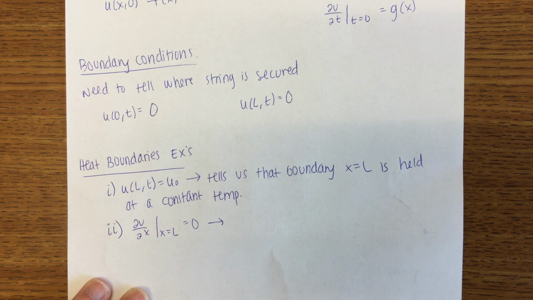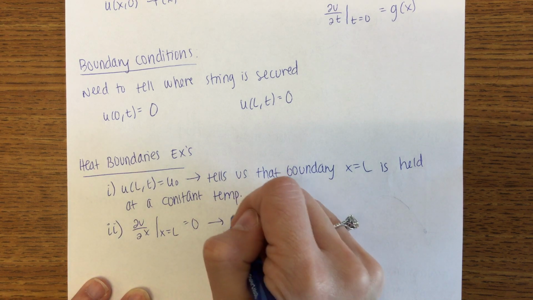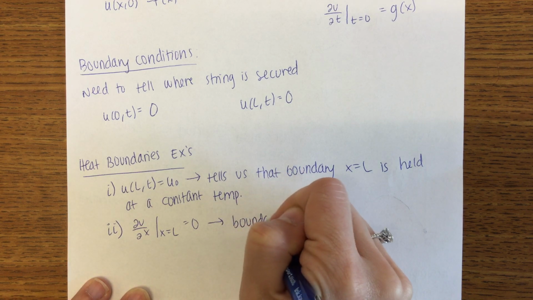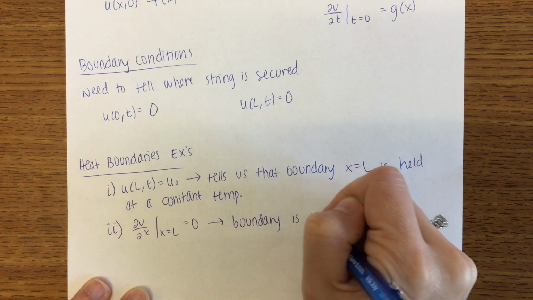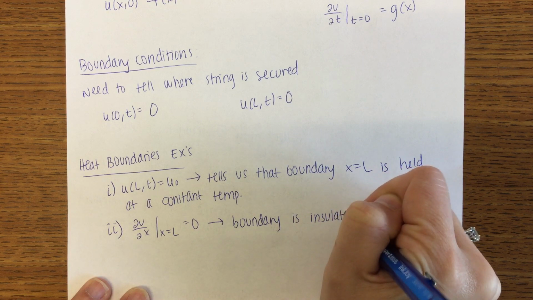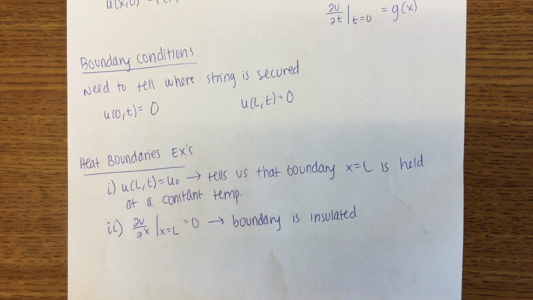What that tells us is that this boundary is insulated. So there's no heat that will be flowing in and out. That could be at x equals 0 too.